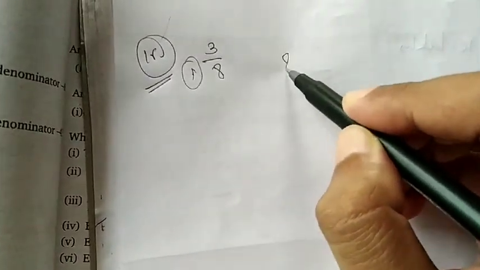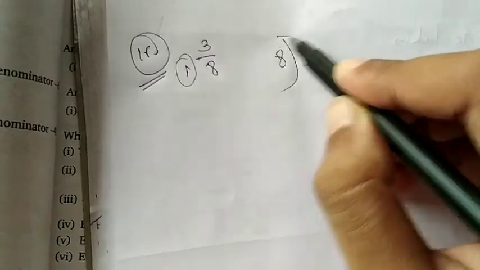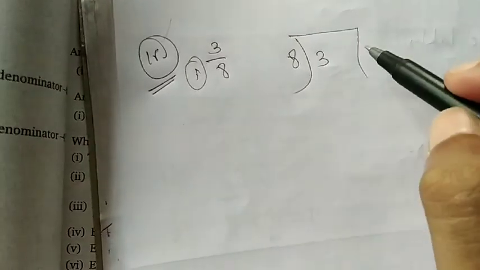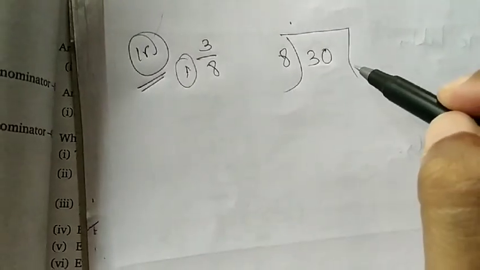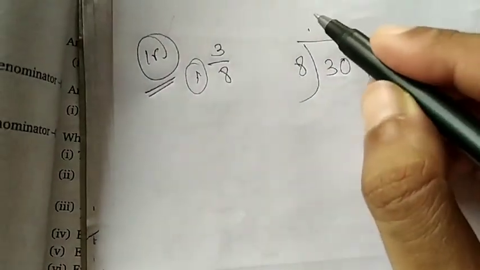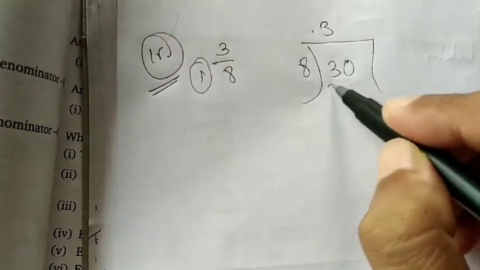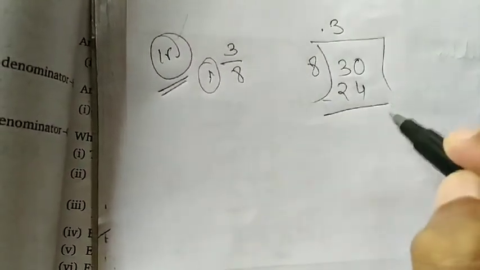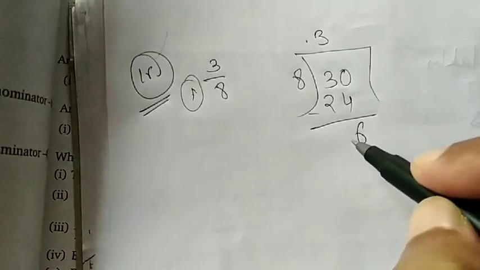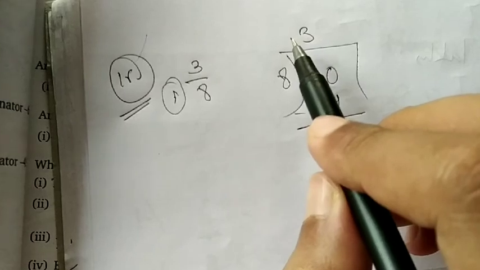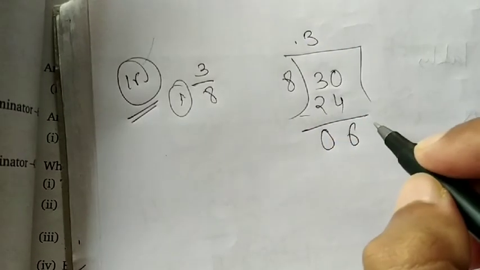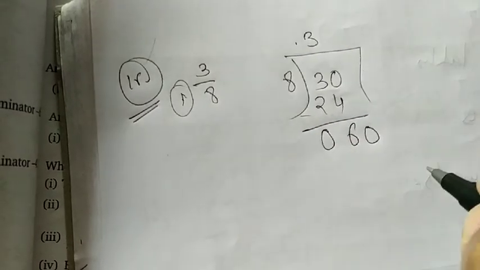Number 8 and number 1, 3/8. So naturally you will divide 3 by 8. We'll put 0.0. Now 8 3s are 24. 6, 0. There is a point here. Since there is a point here, we'll automatically put a 0 right here.